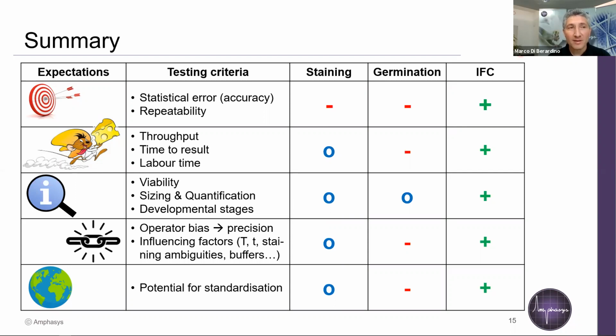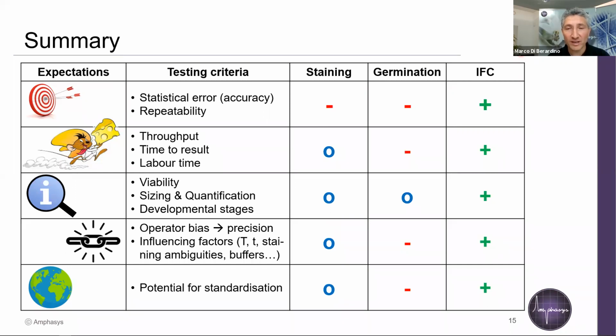I would answer by asking when you are feeling sure enough with the error that you have. We have seen 1,000 cells have a statistical error of about 2%. If this is good enough for you, then 1,000 cells would be okay. But if you need more precise analysis, you need to count more.